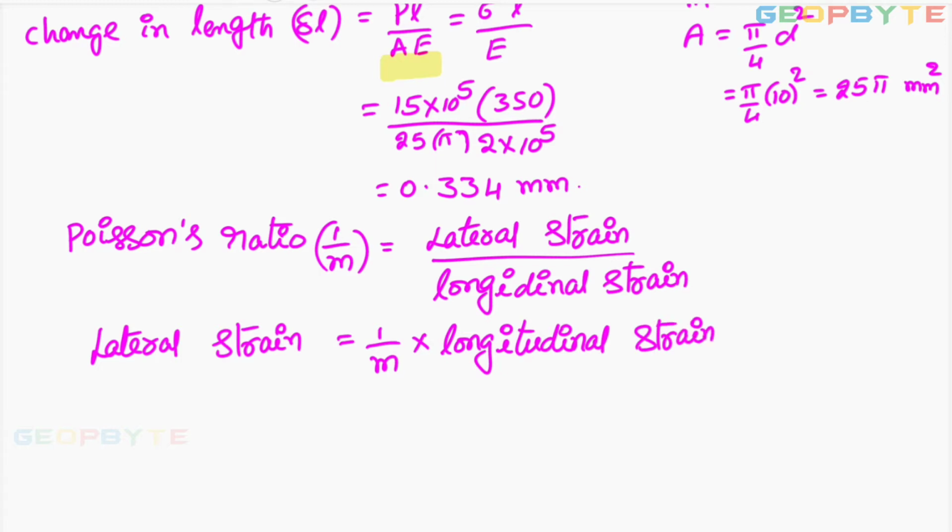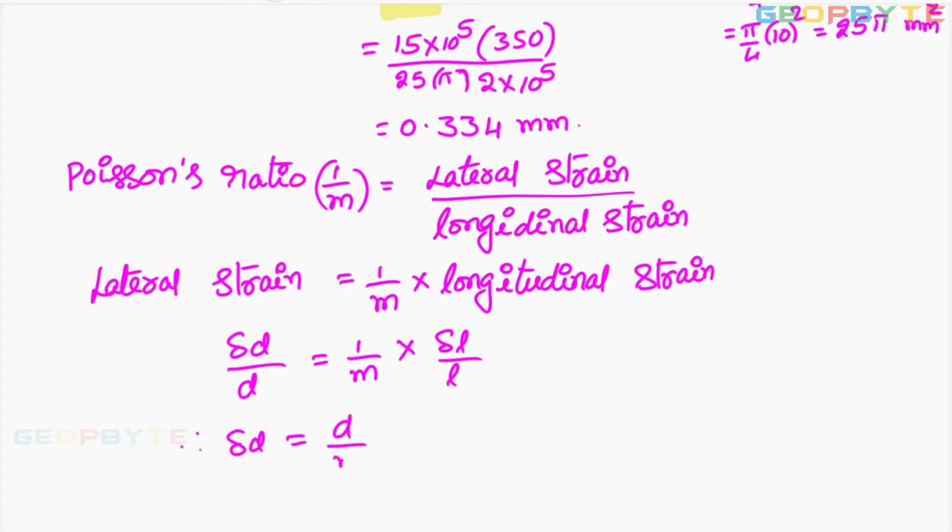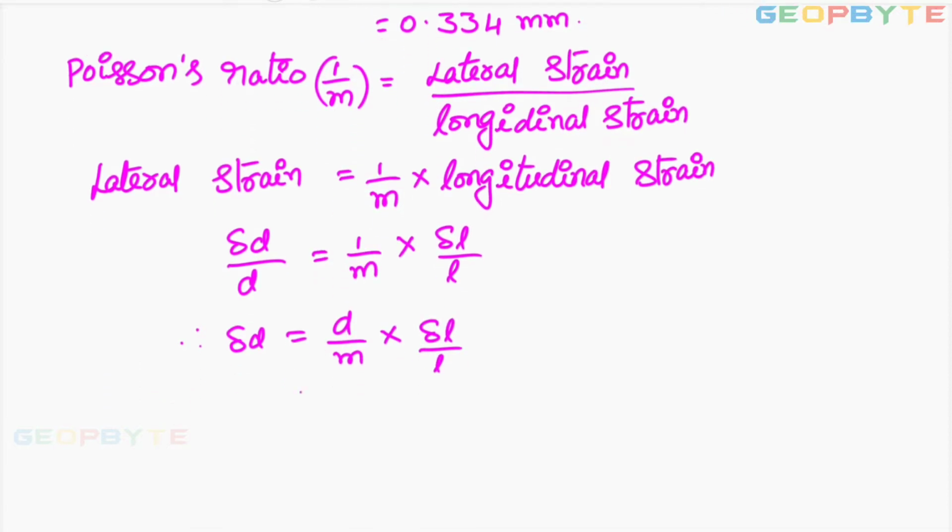So lateral strain, for a circular body, change in diameter by original diameter equal to Poisson's ratio times the longitudinal strain. Longitudinal strain equal to sigma by E, or you can say delta L by L. Therefore, the change in diameter delta D equal to D by m into delta L by L. Here 1 by m is the Poisson's ratio.